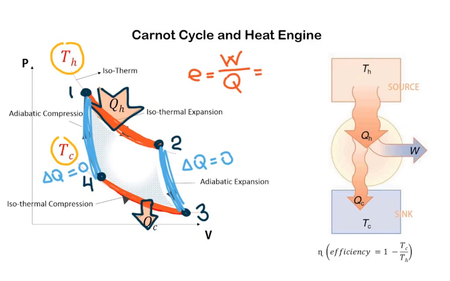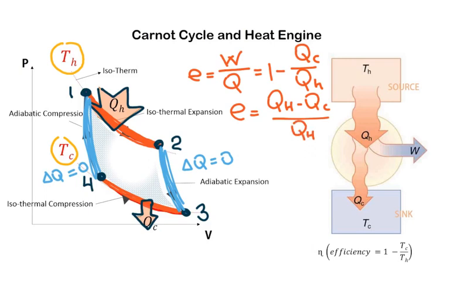There are a few formulas that you can use for efficiency. You can also say that it is 1 minus Q cold over Q hot, the heat coming from the hot reservoir. The work done is Q hot minus Q cold, over Q hot. So this is where this second formula comes from.